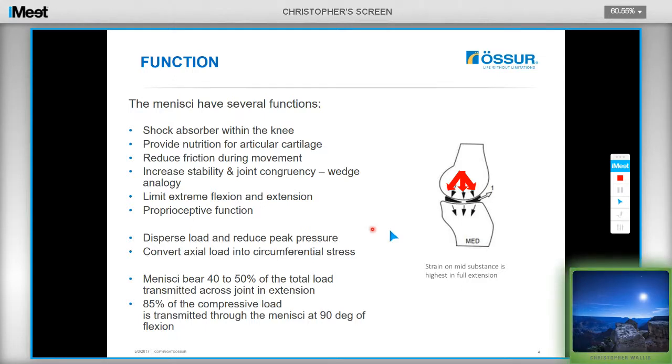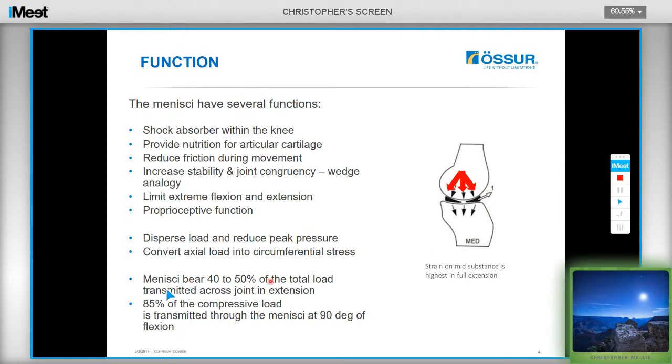Finally, it's probably worth noting that the menisci bear 40 to 50% of total load across the joint when it's in extension. So the meniscus and the articular surface are the only structures that are taking the load. 40 to 50% is going through the menisci, the remainder is going through the articular cartilage.